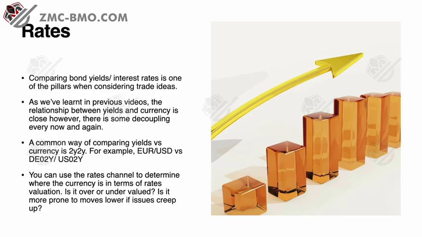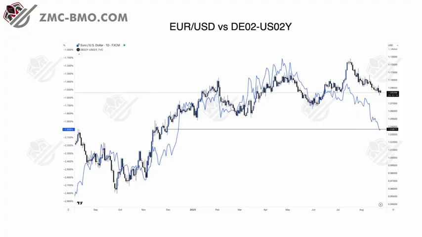So like I said, rate differentials is the correct term, but in this example, we're just going to look at the 2-year euro dollar versus the German or the Bund 2-year yield over the US 2-year yield. As I said, we are recording this in August, and earlier this week we did speak about understanding price targets, but for those who haven't seen it yet, this is what I was showing before.